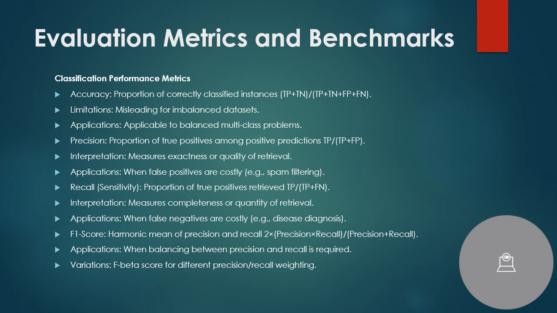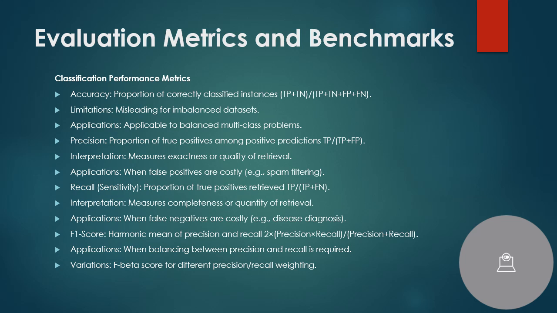Accuracy is the proportion of correctly classified instances, and its limitation is imbalanced datasets. Precision is calculated as true positives among the positive predictions, and it measures exactness.